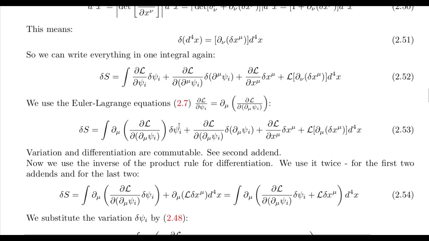So we set in here this. Then the other things stay there unchanged. So we have 253 here.